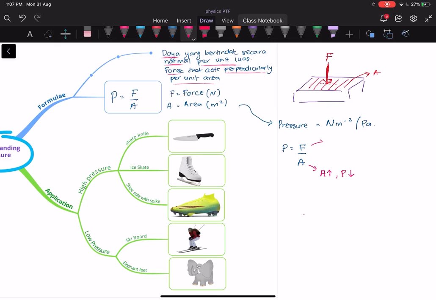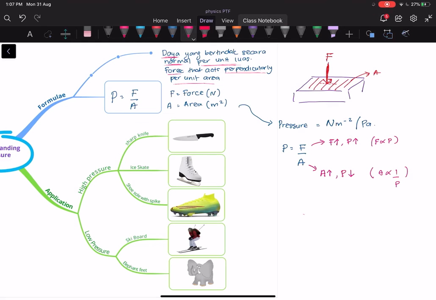Manakala daya dan tekanan adalah berkadar langsung, maksudnya lebih tinggi daya yang dikenakan, maka lebih tinggi tekanan yang dihasilkan. The force is directly proportional to the pressure, whereas the area is inversely proportional to the pressure. Take note about these two things here.